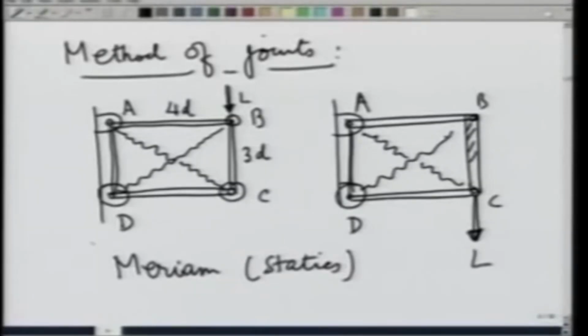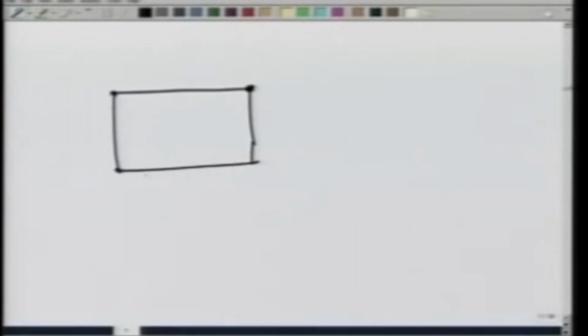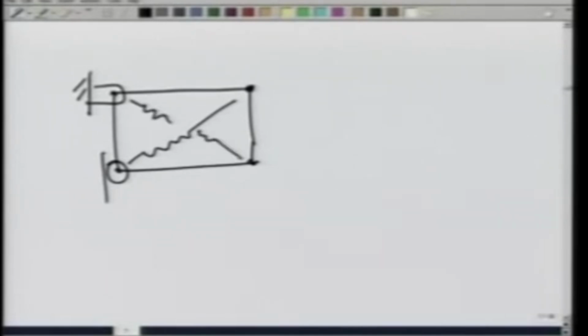So, let us first take this particular case. I will just make it in a very simple manner: this is on a roller, this is on a fixed pin, this is a rope, this is a rope, this is the load. This is 4D, this is 3D.